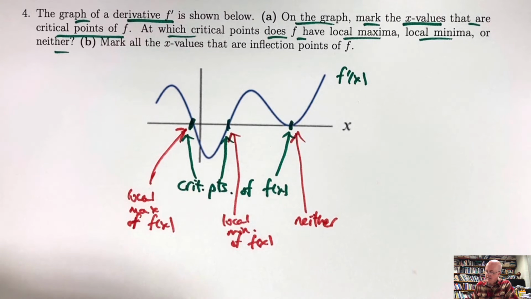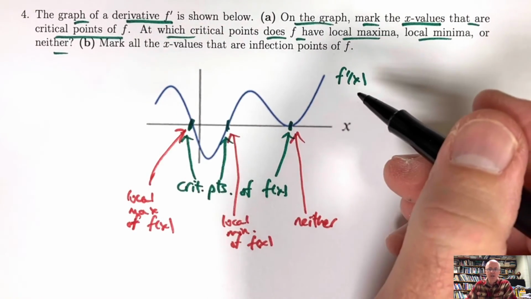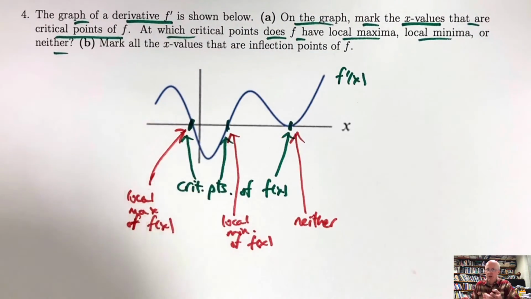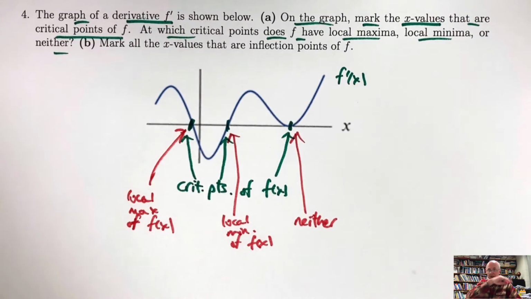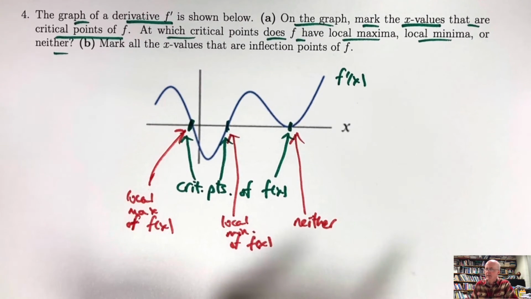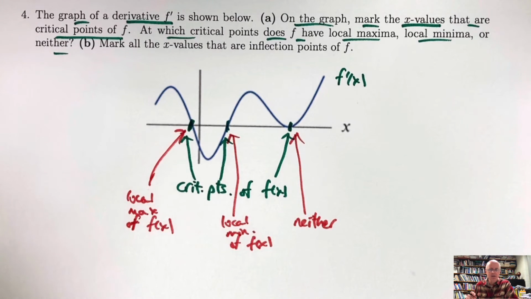Let's also mark the x values that are inflection points of f. Do that in black. Inflection points of f are where f's graph changes concavity, concave down to concave up, or concave up to concave down. Either way. If you think about it carefully, it's a little tricky. That's got to be where f prime has extreme values.